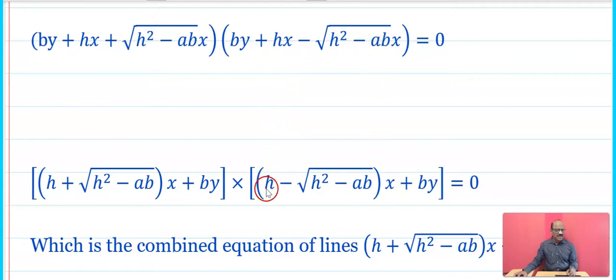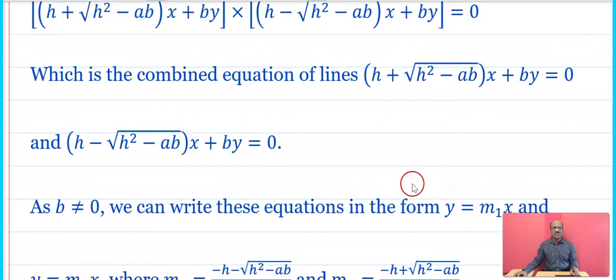Then in bracket you will get (h − √(h² − ab)) x + by equals 0, which is the combined equation of the lines (h + √(h² − ab)) x + by = 0 and (h − √(h² − ab)) x + by = 0.